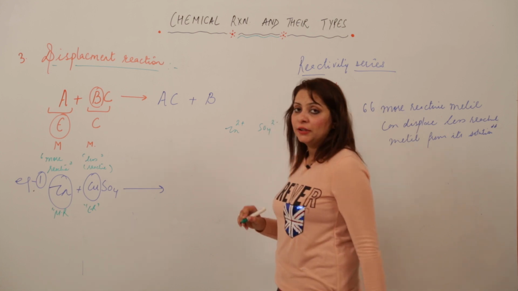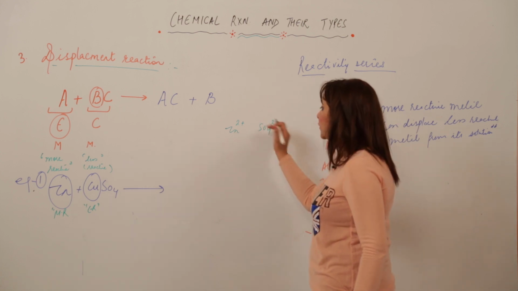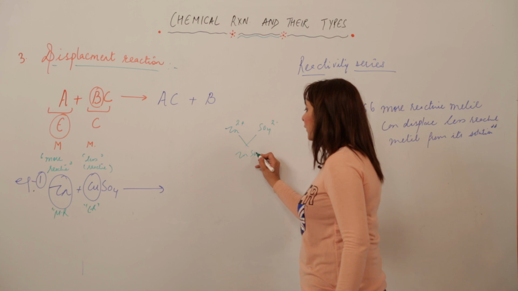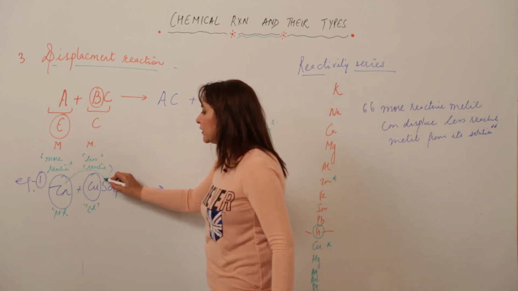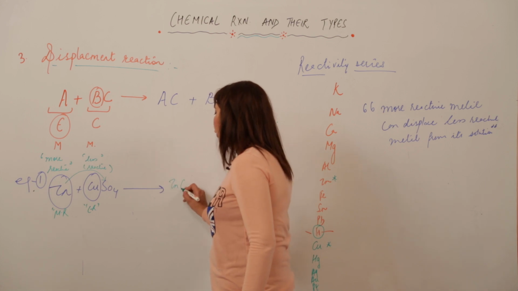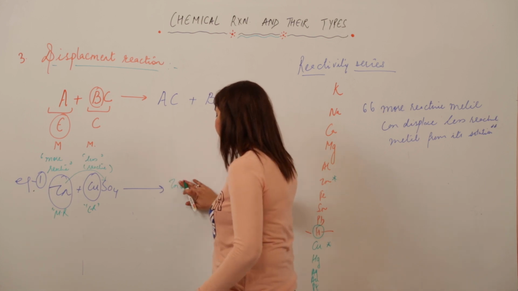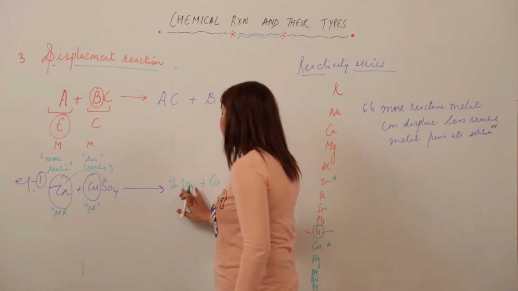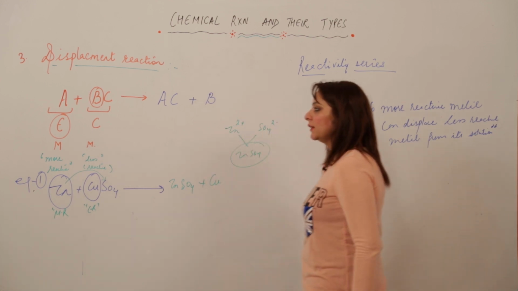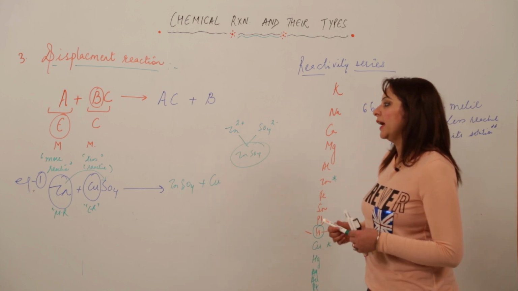This you have to recall, it will not be given in the paper. So I get ZnSO4. I know that zinc will displace copper, so obviously it is going to react with the sulfate. So, it will form ZnSO4 plus Cu.